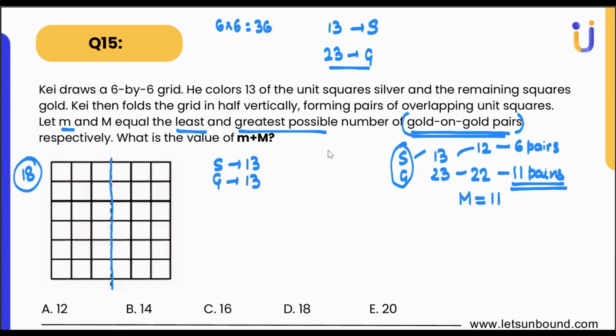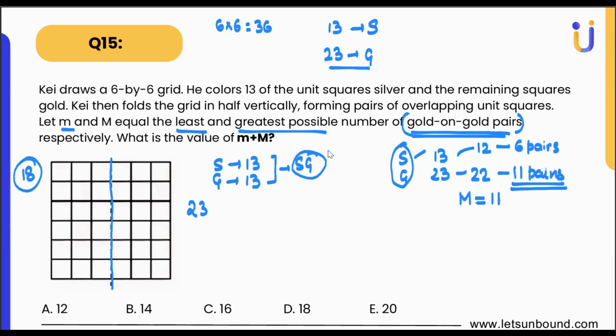If I've used 13 of the golds to pair with silver, I'm talking about utilizing them to make SG pairs. So 13 of the pairs are silver and gold, and the remaining 5 pairs, because in total there'll be 18 pairs.